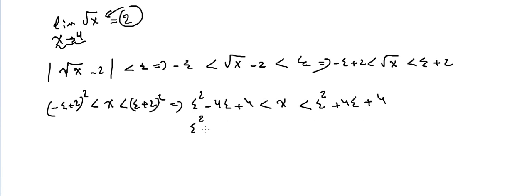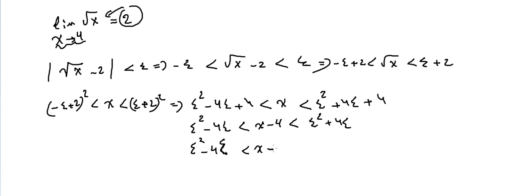It's epsilon squared minus 4 epsilon plus 4 minus 4, which is 0, less than x minus 4, less than epsilon squared plus 4 epsilon plus 4 minus 4, which is 0. Simply, epsilon squared minus 4 epsilon is less than x minus 4, which is less than minus epsilon squared plus 4 epsilon.